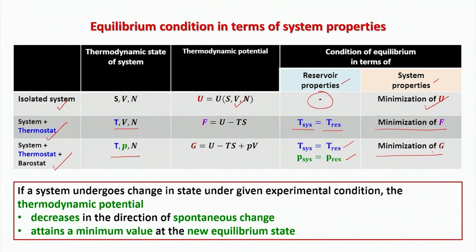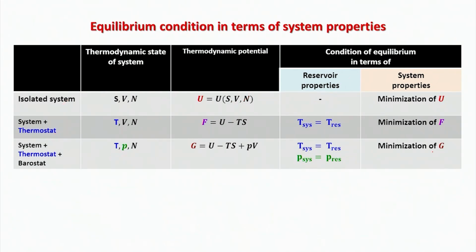Therefore, let me summarize the observations of this table as: if a system undergoes a change in state under a given experimental condition, then the corresponding thermodynamic potential decreases in the direction of spontaneous change, and it attains a minimum value at the new equilibrium state.